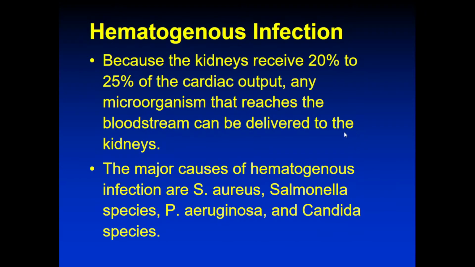Hematogenous infection. Remember that the kidneys receive up to 1/4 of the cardiac output, and any microorganism that reaches the bloodstream can be delivered to the kidneys. The major causes of hematogenous infection are Staphylococcus aureus, Salmonella species, Pseudomonas aeruginosa, and Candida species.